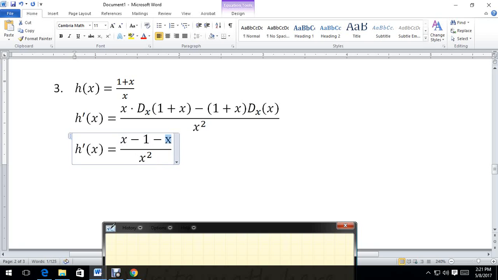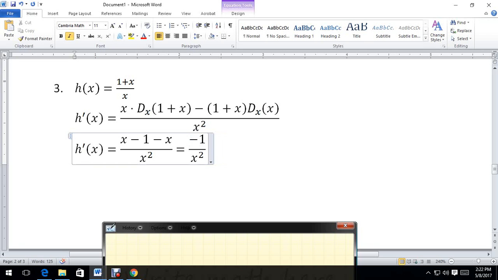So here we go. Next would be to combine like terms. We now have x minus x, so x would cancel out, which means what is left is negative 1 over x squared.